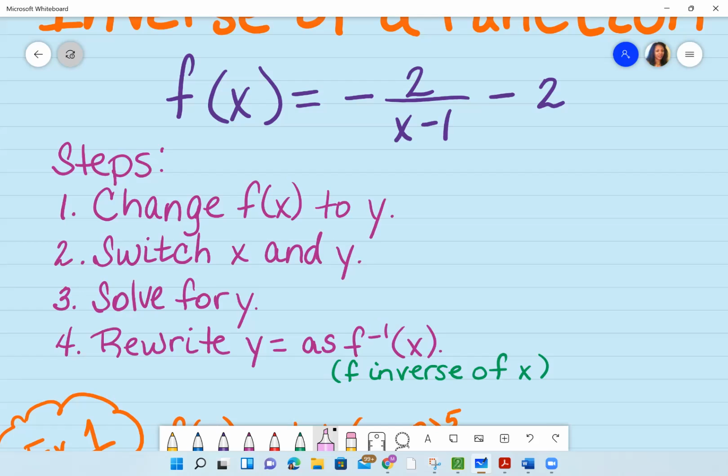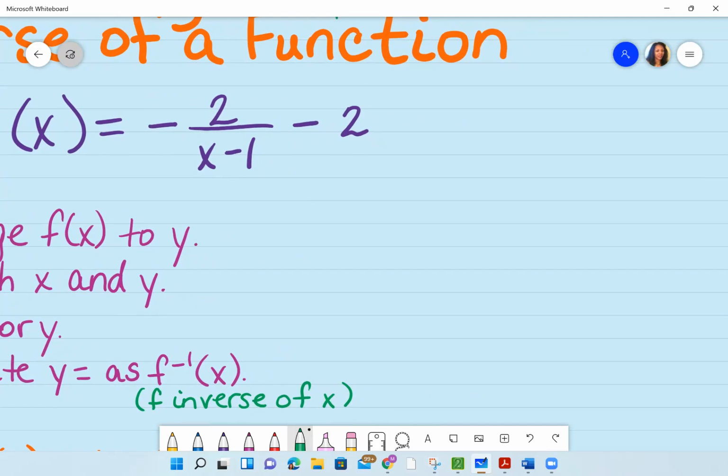So let's go ahead and attempt to do this first problem that's shown here using those steps that I just spoke about. So my f of x will become y. Well, until you get used to it, then you'll just change that to x. That is y. So I'm just going to rewrite this as -2 over x minus 1 minus 2.